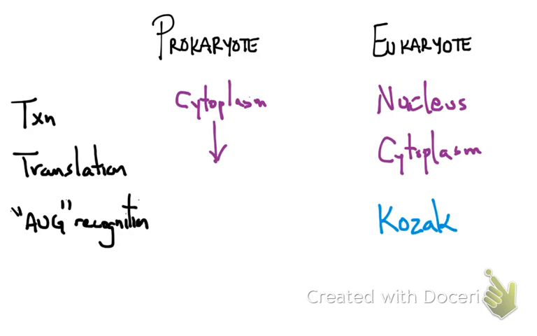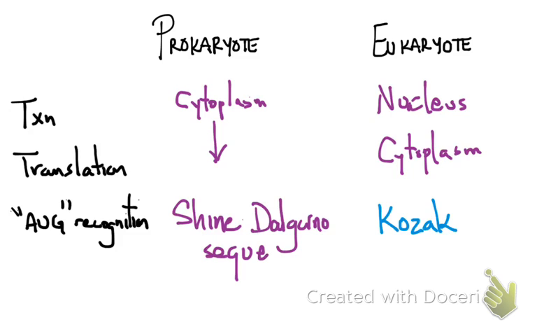Prokaryotes have something similar, but theirs is called a Shine-Dalgarno sequence. And so again, the importance of these two sequences is just to signify to the ribosome that the next AUG is going to be the start codon for that translation.